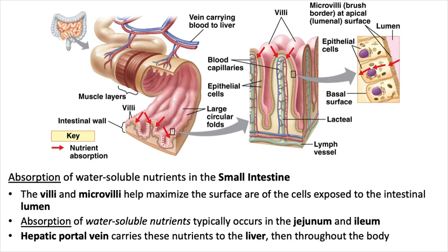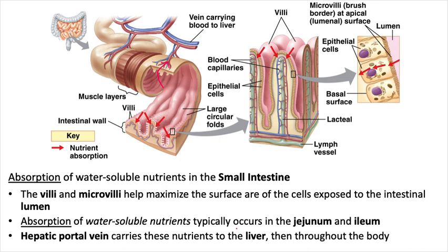Once nutrients are absorbed, so they go from the lumen into capillaries, then they'll get carried by a vein called the hepatic portal vein. The hepatic portal vein means it's going to the liver, so it's transporting blood to the liver. And the nutrients get carried to the liver.